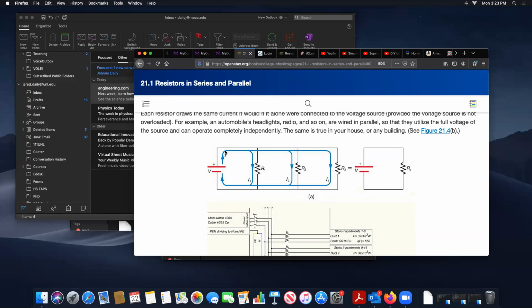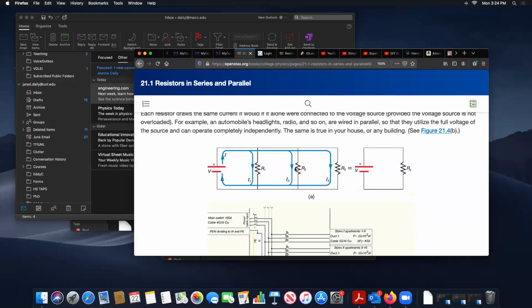And the overall result is that more current can actually get through it. It's like having 3 lanes instead of 1 lane, right? So more current can get through, and this resistance in parallel behaves like a resistor that's smaller than the smallest resistor in the whole parallel grouping.